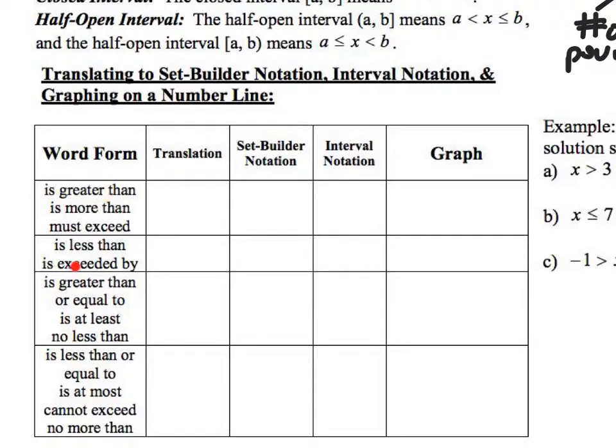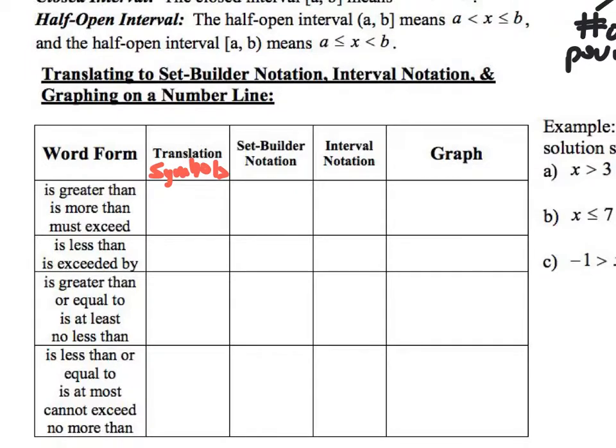Here are the different words that we can see. We're going to translate them into symbols, then put that into set builder notation, then show you that same thing in interval notation, and then show you the graph of that.